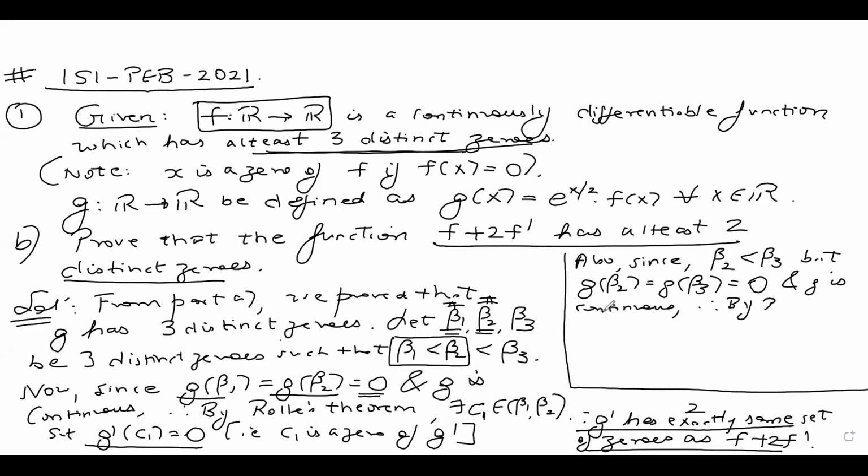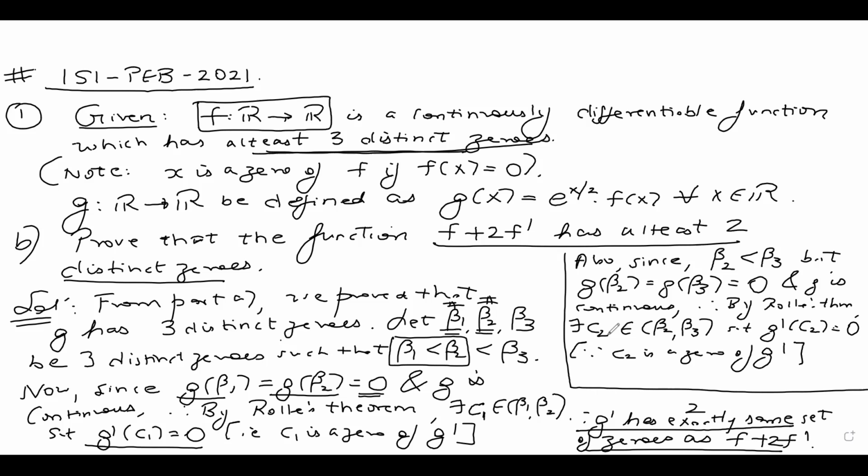I can say that by Rolle's theorem, there exists a C2 belonging to the open interval beta 2 to beta 3 such that g dash of C2 is equal to 0. So C2 is a 0 of the function g dash.